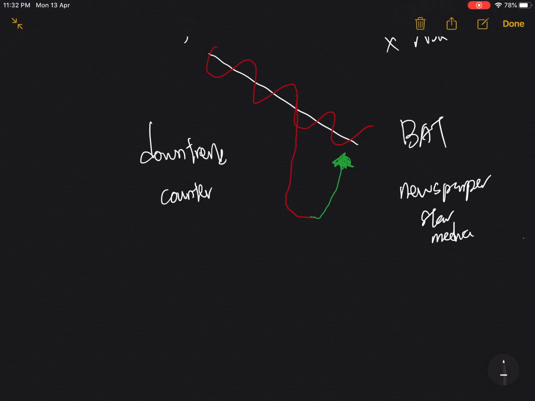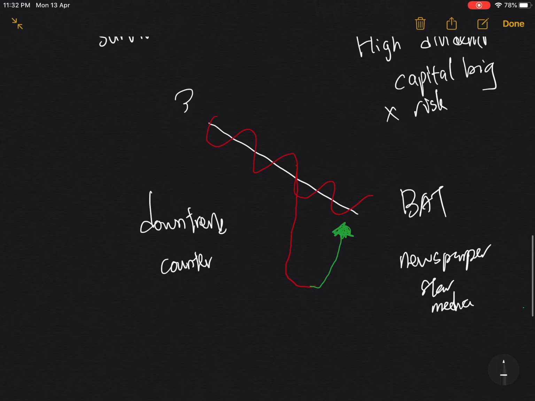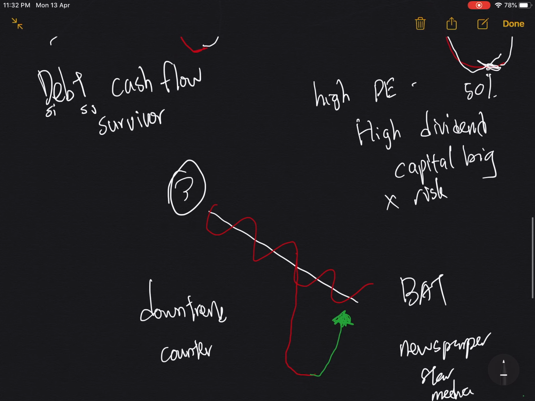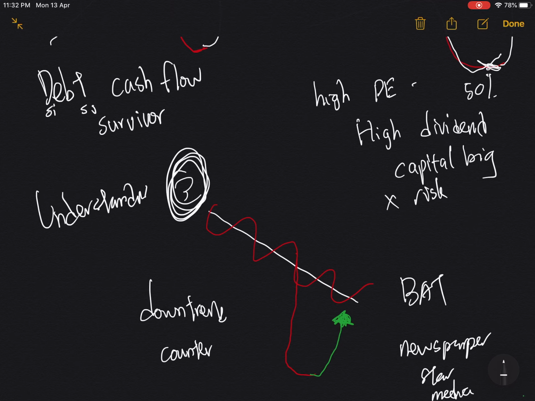So you have a 30% upside. But if you already have a first choice and second choice, why do you need to choose the third choice? This is just for your understanding and for your knowledge. Unless you really cannot find any good stock, then you choose this. But I don't think so, it seldom happens.